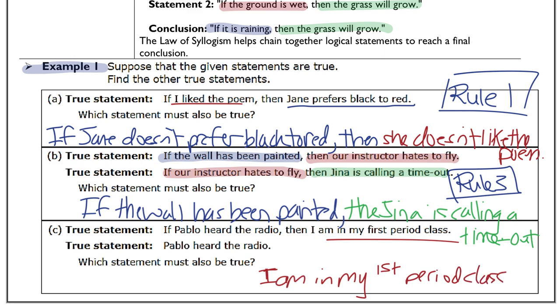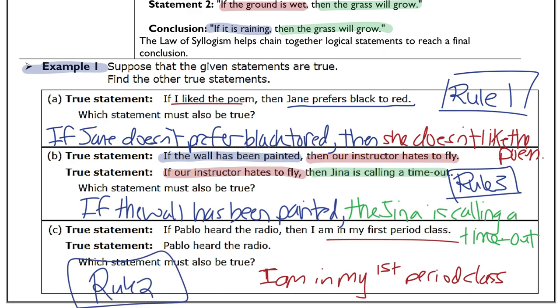It's literally a logical, very basic, obvious thing. So basically, we say the statement, this is something that always has to be true in our situation. Therefore, if by chance Pablo heard the radio, then we can make the logical conclusion that that has to happen, which is that law of detachment, which is Rule 2.